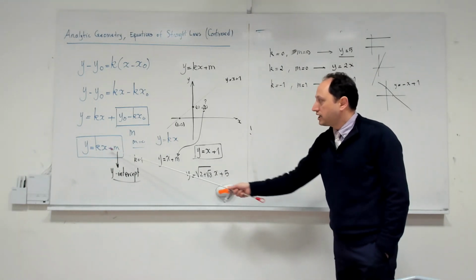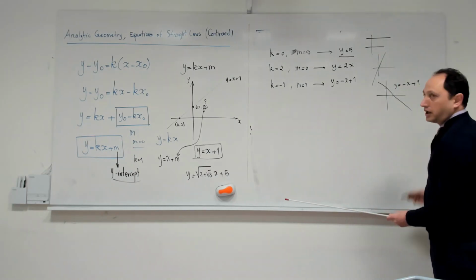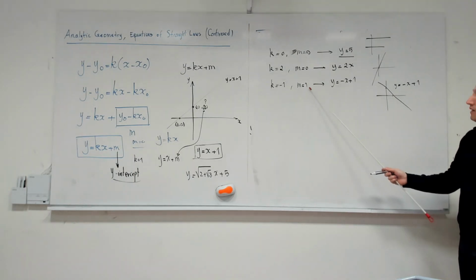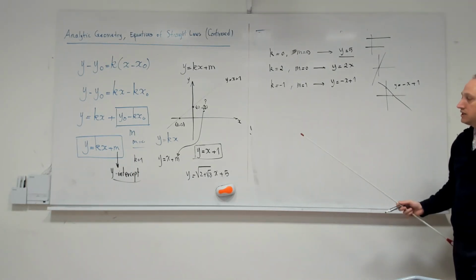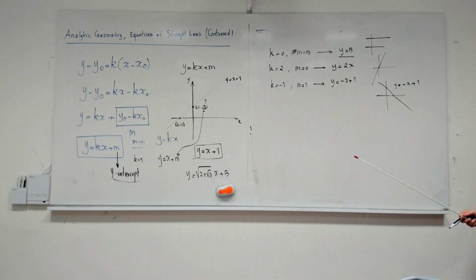If you start changing k and m, you will generate infinitely many lines. But no matter what values you choose for k and m, you will not be able to generate one particular type of line. What are those lines? Non-straight lines? You can't generate second degree lines.